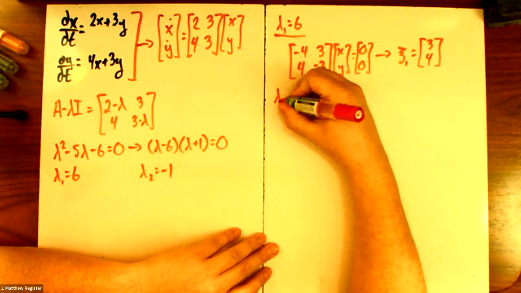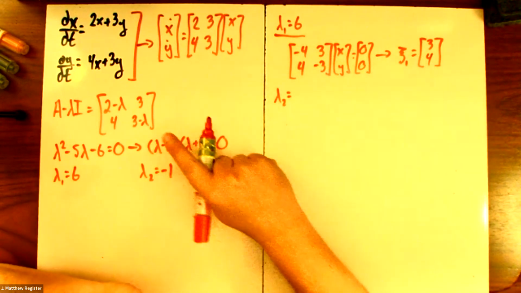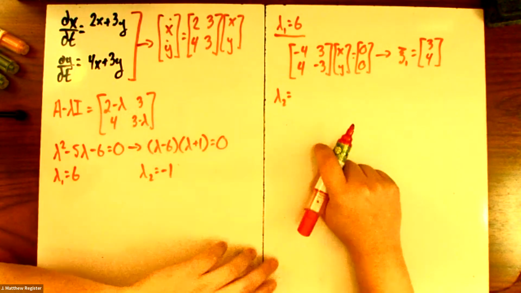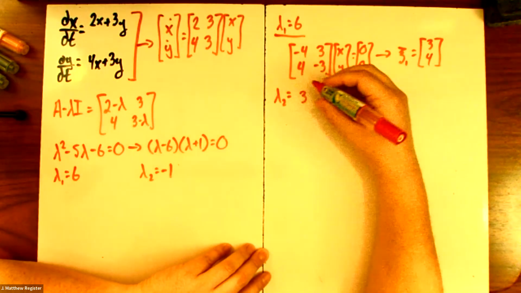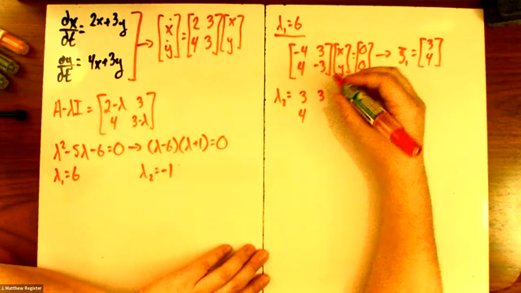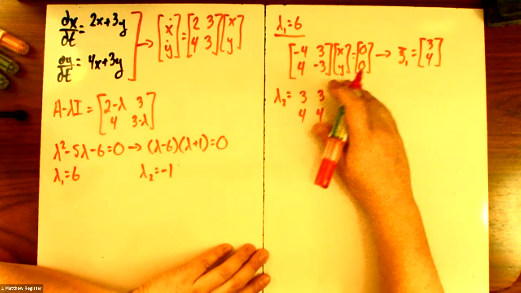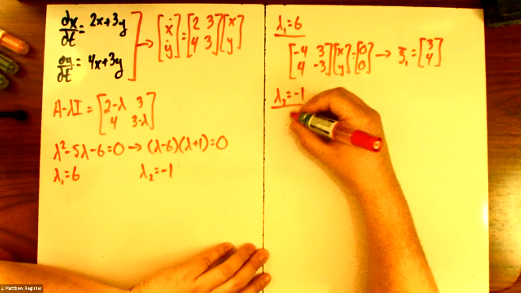For our second eigenvector, that's -1. So we can take the -1 and plug it in. 2 minus -1 is going to give us a 3, then a 3, a 4, and 3 minus -1 gives 4. Oh, put that in the wrong spot. Lambda 2 equals -1.